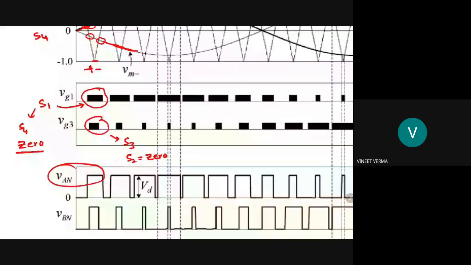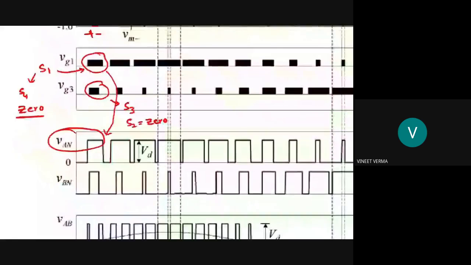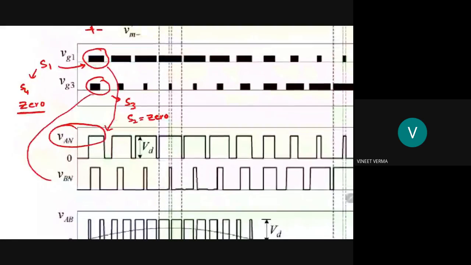The upper switch is on in one phase leg, and this is the corresponding output voltage generated for it. Similarly, this VBN is generated from this firing pulse.